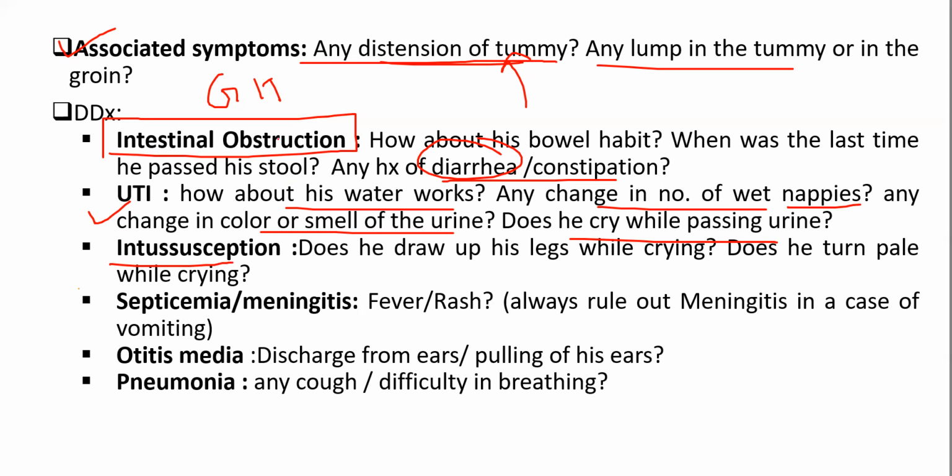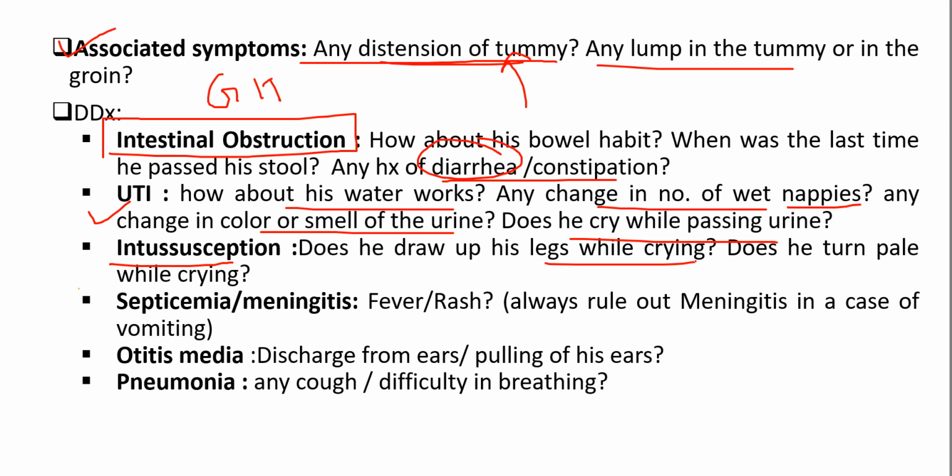Then we have intussusception as one of our GIT related differential diagnoses. So ask about that. Did he or does he draw up his legs while crying? You can also ask, have you noticed that he's having episodic screaming or crying? Because sometimes in intussusception, they get episodic crying or screaming.